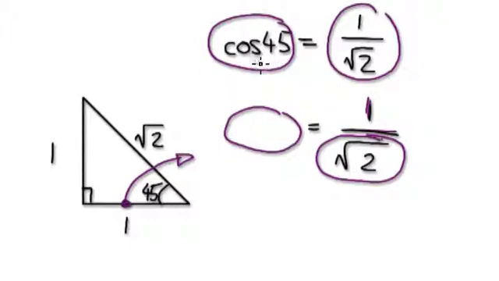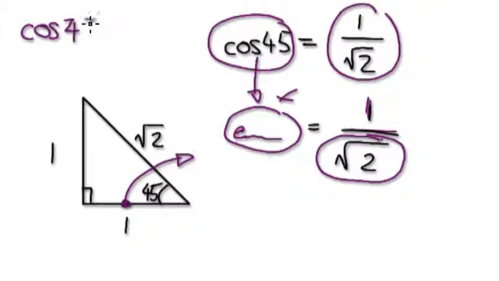So if you don't believe me, you can punch into your calculator cosine 45. It will give you a number, and that number will be the same as 1 over root 2. So sometimes in maths, whenever you see cos 45, you can actually replace it with 1 over root 2.